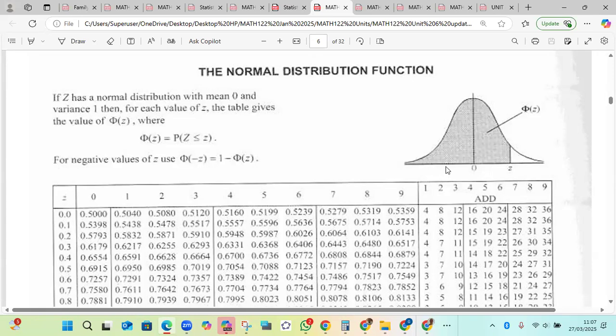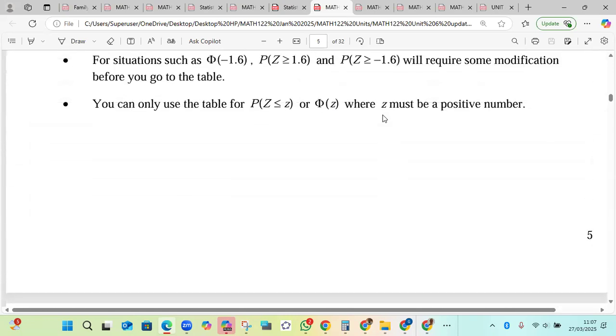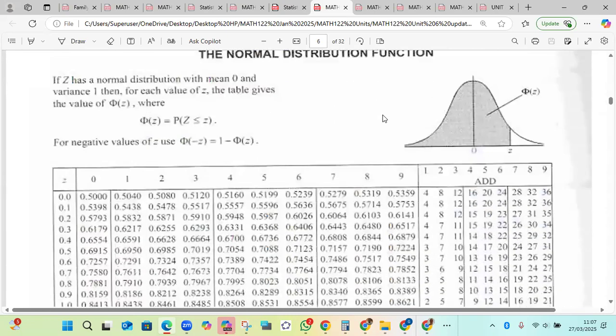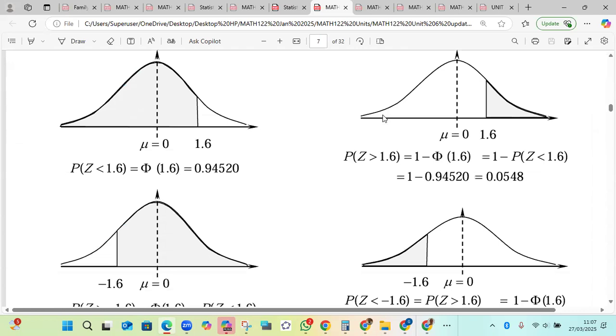So if you have a negative value of Z, and you want to find the probability of Z more than or equal to that negative value, that is the same as saying phi of Z. And this is actually explained here in this exercise.